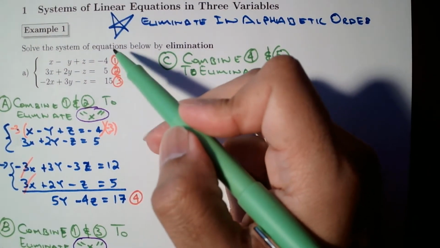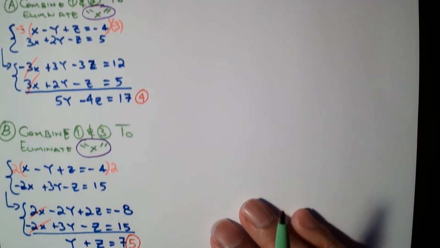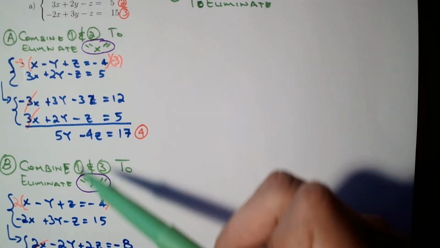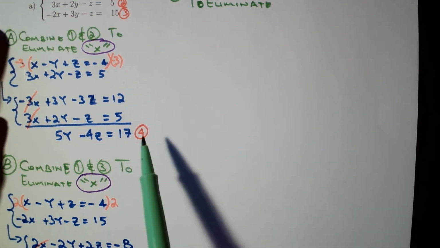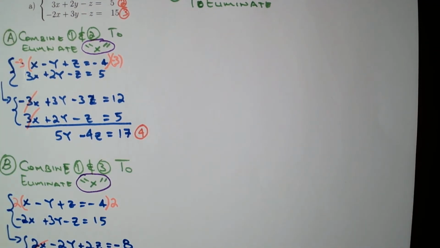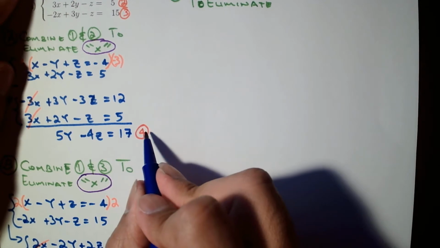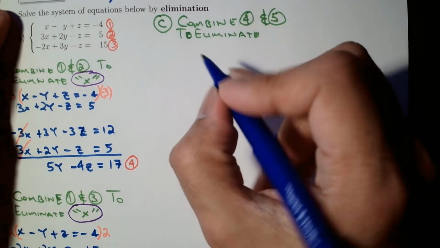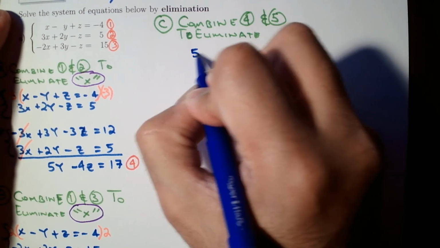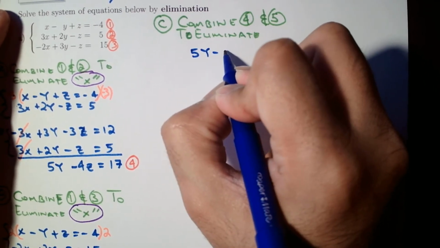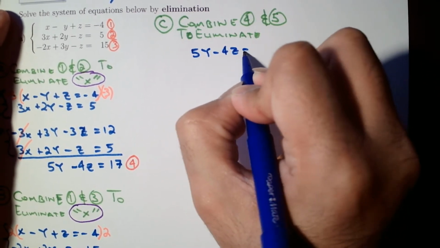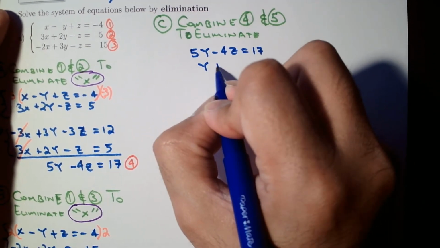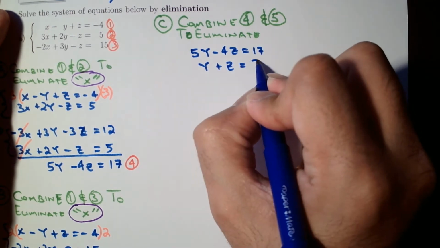We already did the first combination to get rid of x on both cases, right? So now we're gonna combine equations 4 and 5. Let's write them down. 5y minus 4z equals 17, and y plus z equals 7.